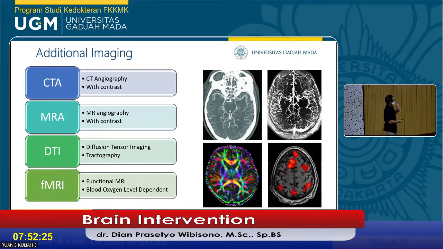For this one, fMRI is functional MRI. This sequence uses the principle of blood oxygen level dependent imaging. So when we actively activate some brain center, for example if I raise my hand like this, there will be a part of the brain that consumes more oxygen, right?